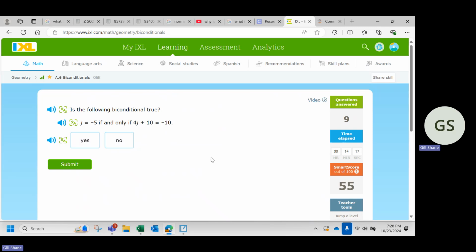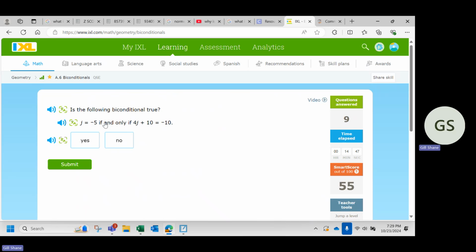So getting rid of this if and only if part in the middle and just rewriting it as 2 separate statements, if both of those statements are true, then it's a biconditional.